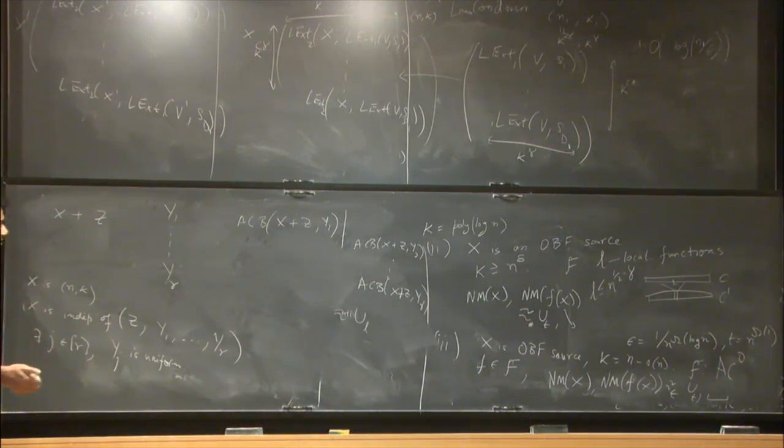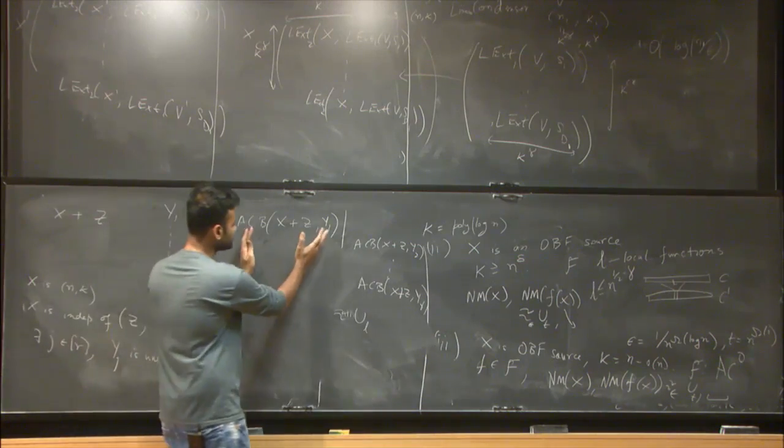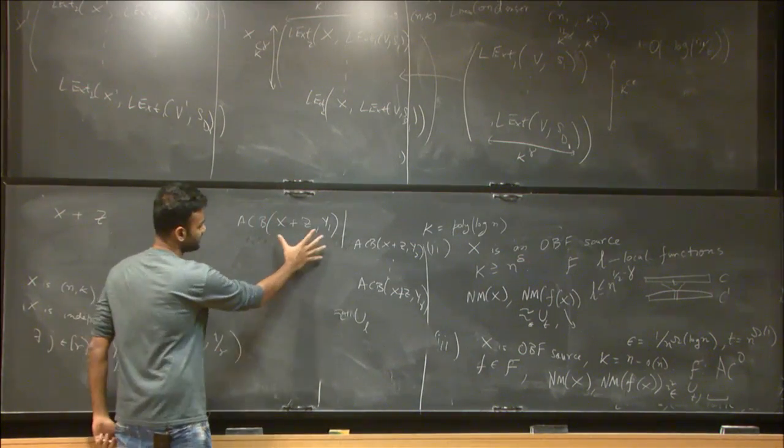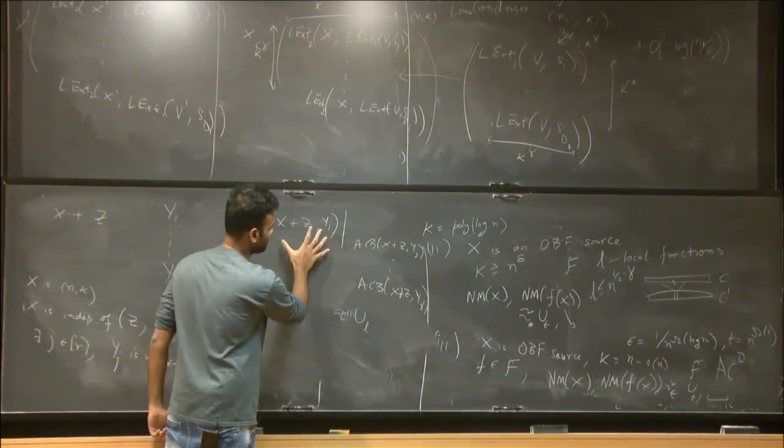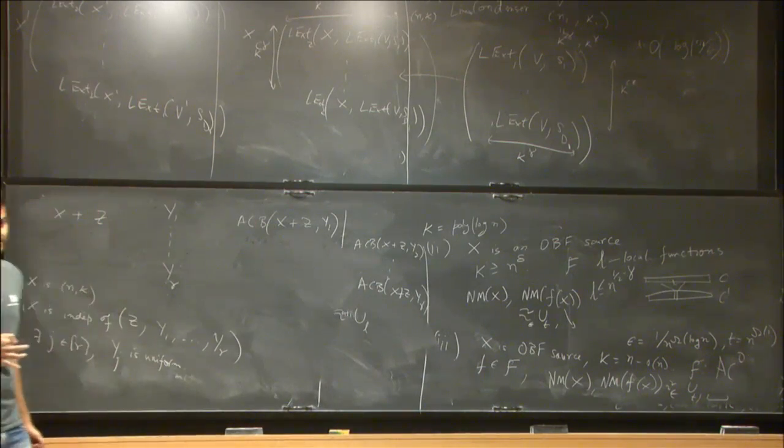So essentially, as Avi said, this random variable in which you are guaranteed that there are uniform bits is independent of all the other random variables. It's not just pairwise. The way we do it, you can just get pairwise, but you need to pay more to get this total independence.